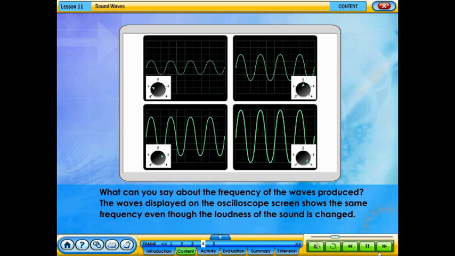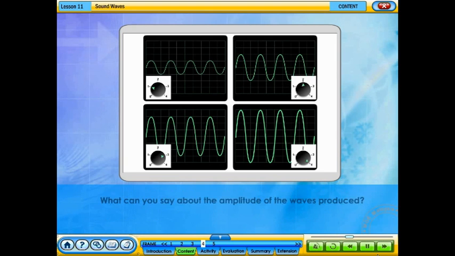The waves displayed on the oscilloscope screen shows the same frequency even though the loudness of the sound is changed. What can you say about the amplitude of the waves produced?